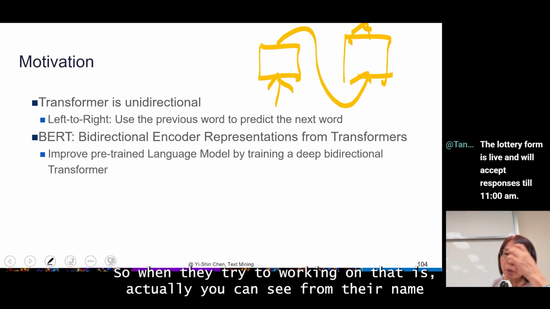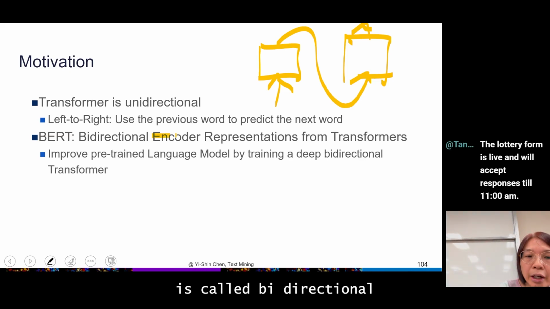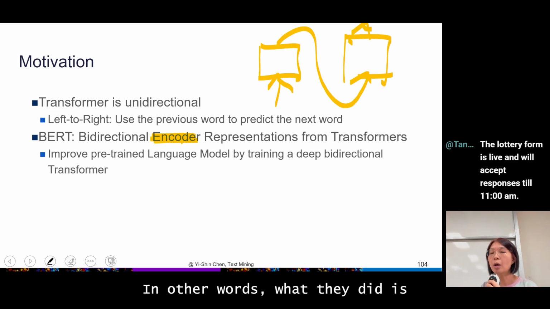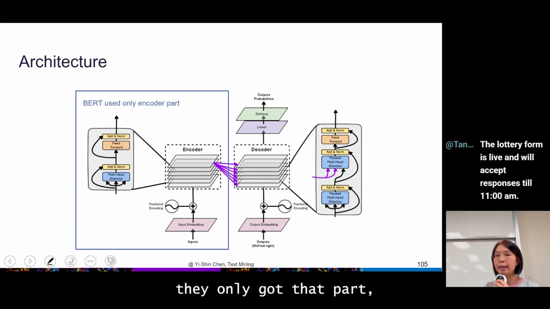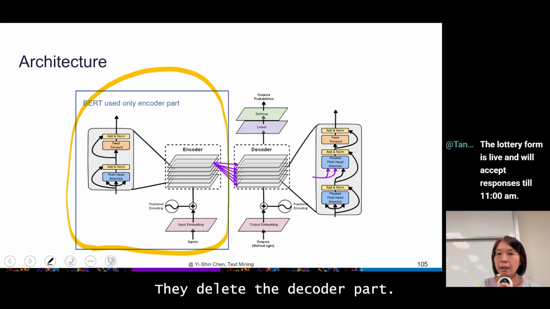You can see from their name, it's called Bidirectional Encoder Representations from Transformers. In other words, what they did is they only kept that part. They only have that part. They deleted the decoder part.